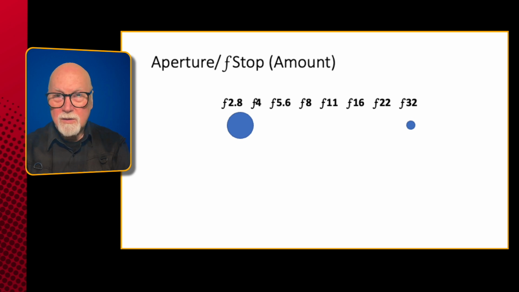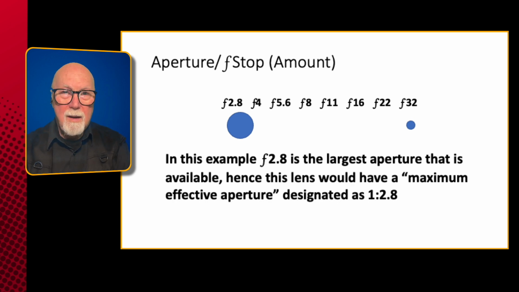Large f-stop, small opening. Again, in this particular case, if on your lens f2.8 is the largest aperture that it's able to achieve, that's known as the maximum effective aperture of the lens. And you'll find that maximum effective aperture designated as a ratio on your lens. In this case, it'll be 1 to 2.8.